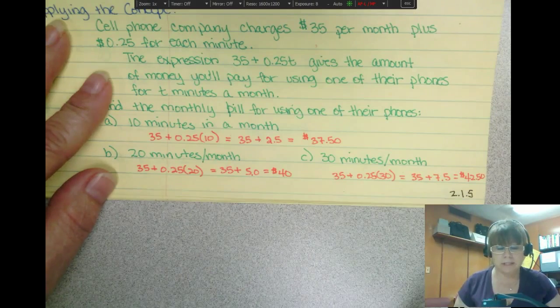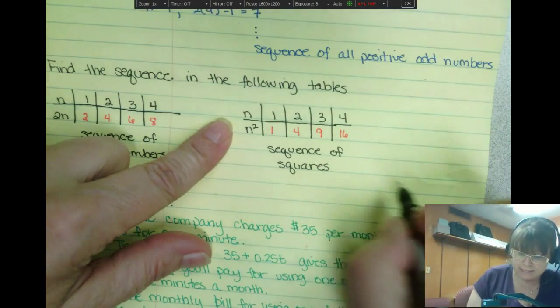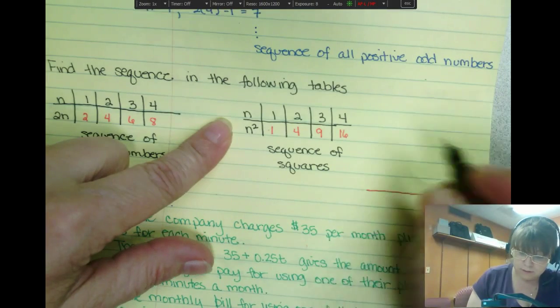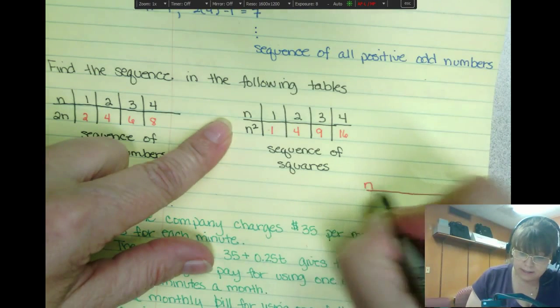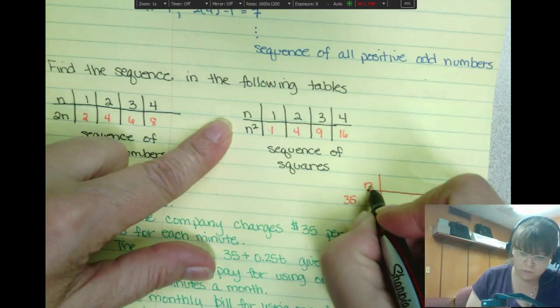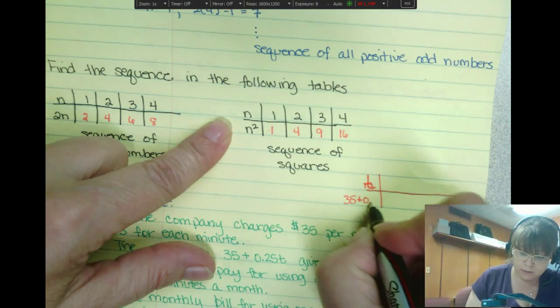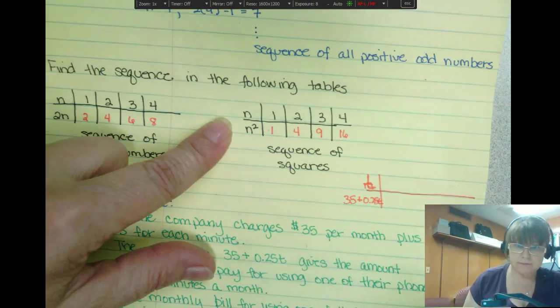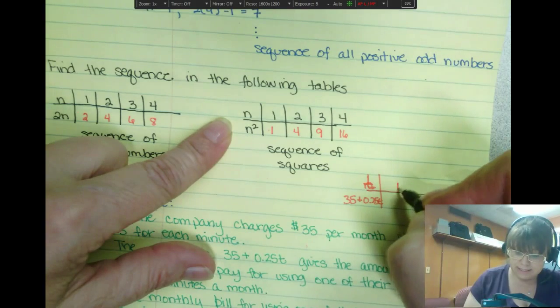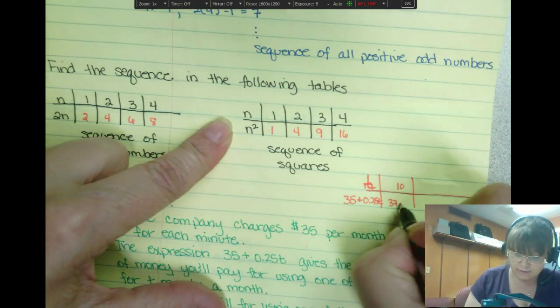Now I could have written this problem like the table above. I'll use t since they use t: 35 plus 0.25t. When t is 10, our total was $37.50.